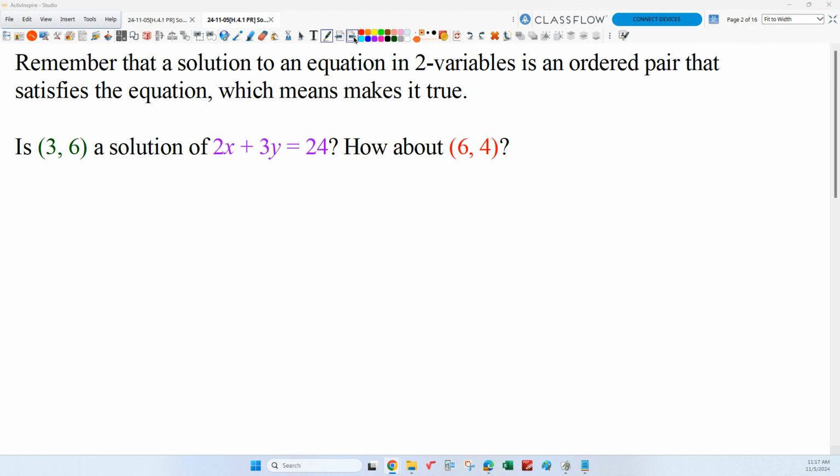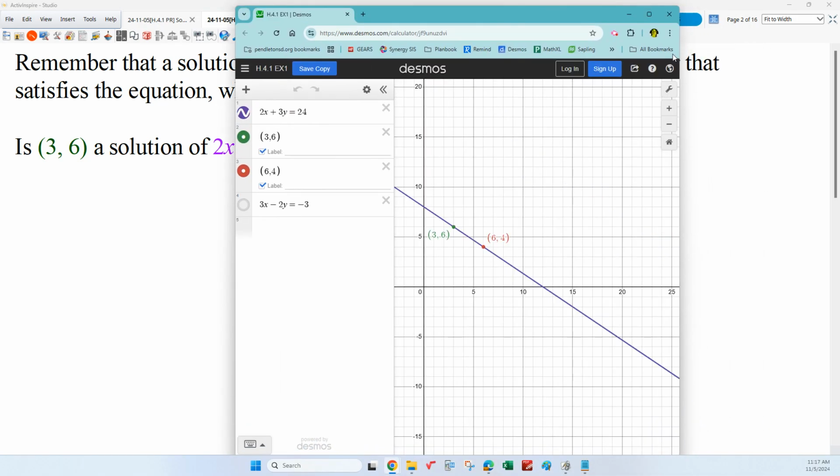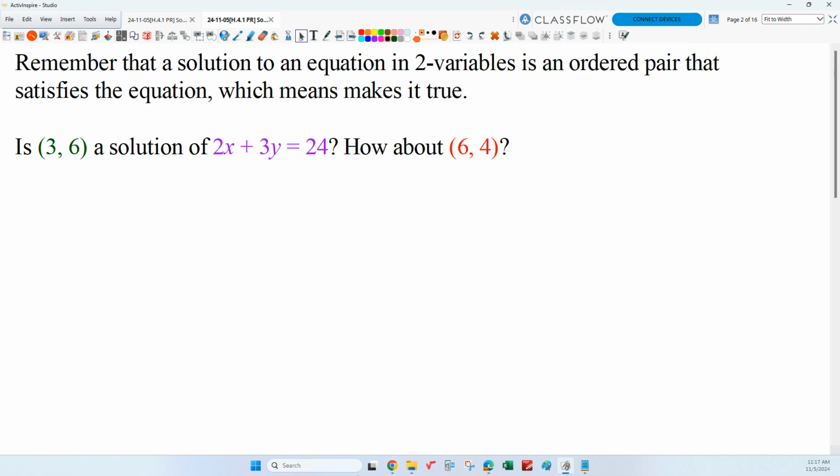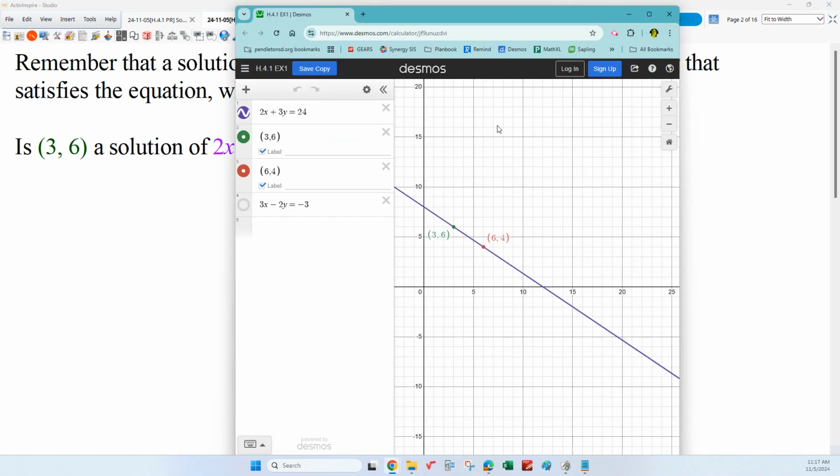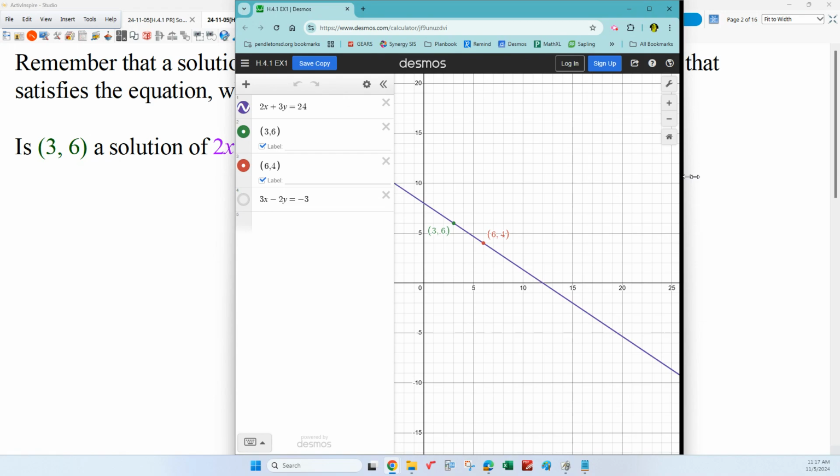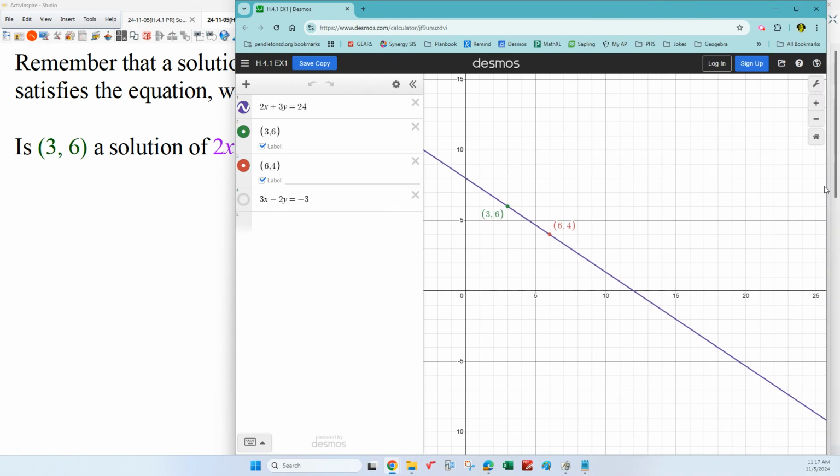So visually, it just means that both of those 2 points are on the purple line, right? Everybody agree? If an ordered pair is a solution of an equation, then it just means that that's a point that sits on the graph of that equation. Give me 1 to 5 on that concept. Does that all make sense to everybody?